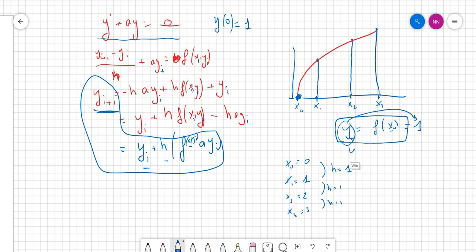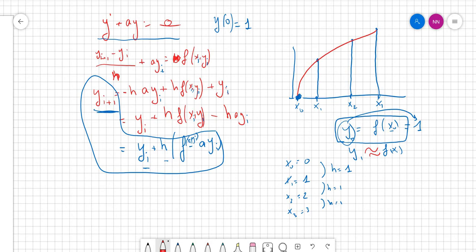But now we need to calculate y1. y1 is not f of x1. Be careful, y1 is an approximation of f of x1. f of x1 is the true value, and y1 is the approximation value.